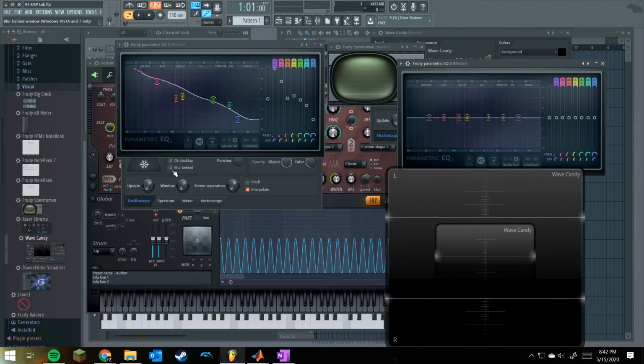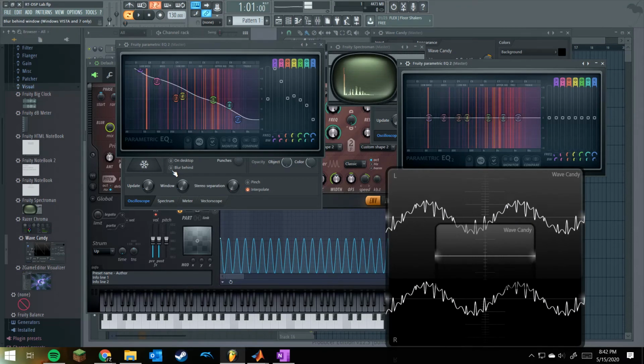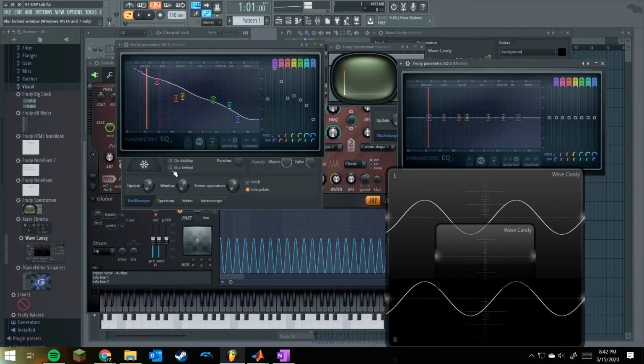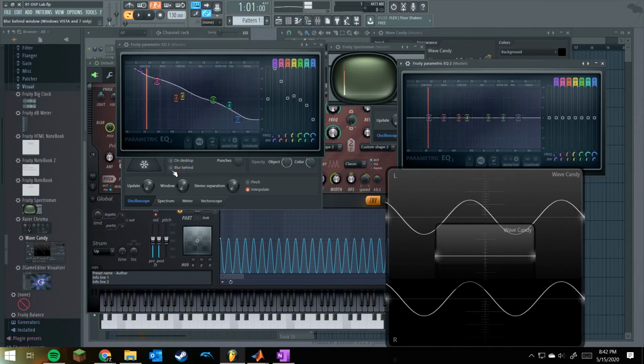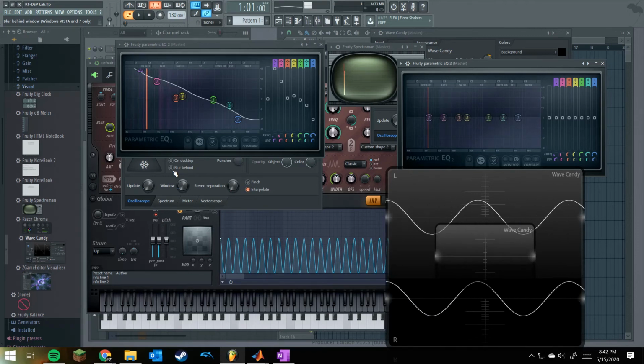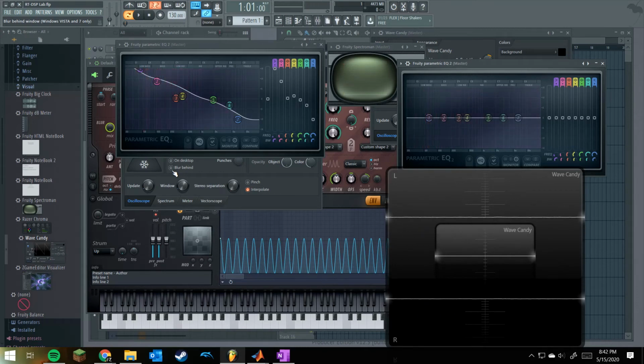My computer's making noises. There we go, that's better. So if I go ahead and, I'm just going to mute the 60 hertz and just leave the 600 hertz. So the 600 hertz is playing right now.